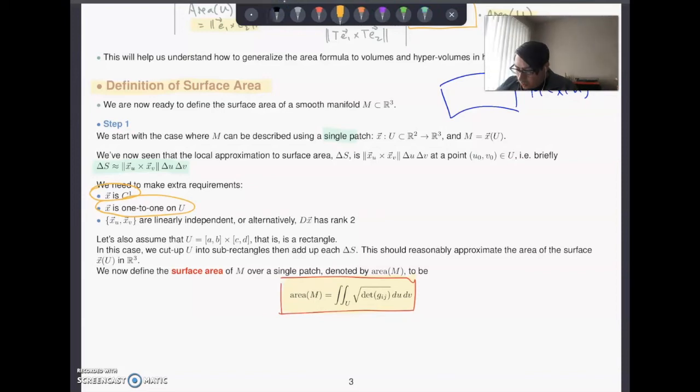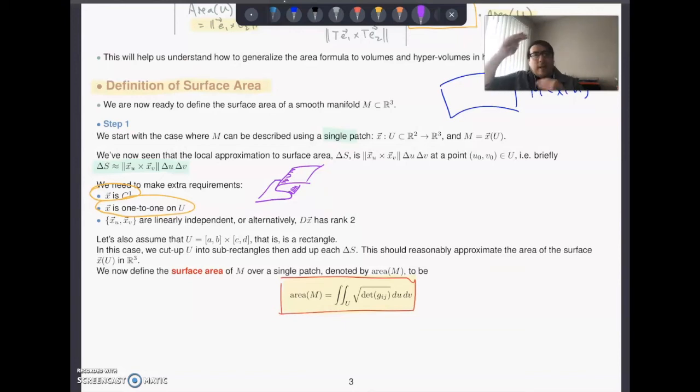So what are we trying to avoid when we ask for something like one-to-one? We are trying to avoid something like this, where we have a parametrization, but a parametrization is always more than just the shape of the image, right? It's also how you are moving through space. If you think of space curves, you can move along the line forwards, then backwards, and forwards, and backwards.